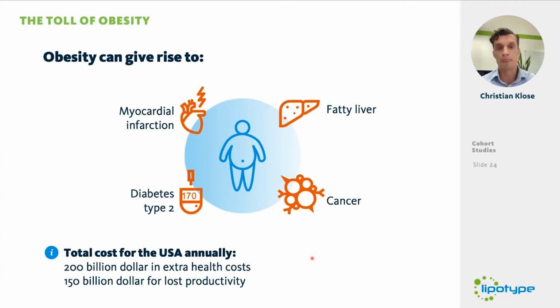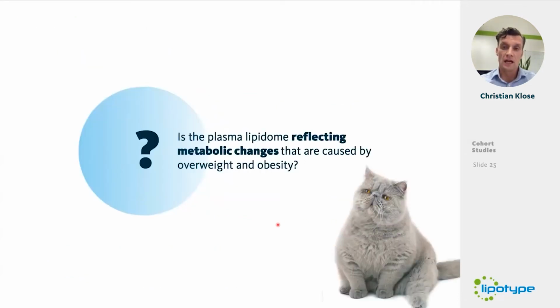And this pandemic actually also causes $150 billion loss of productivity due to illness, basically. So it is really a serious issue. And that's why we set out to investigate whether the plasma lipidome is actually reflecting metabolic changes that are caused by overweight and obesity.